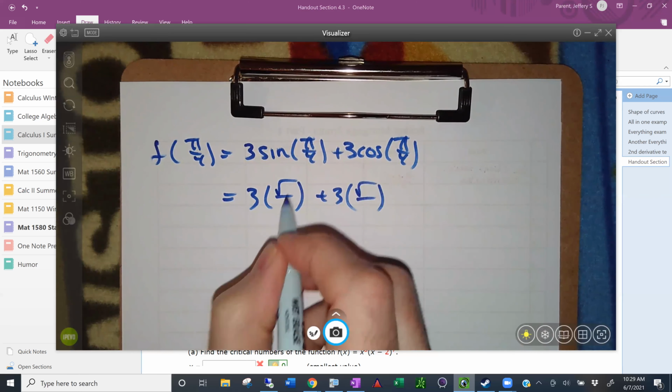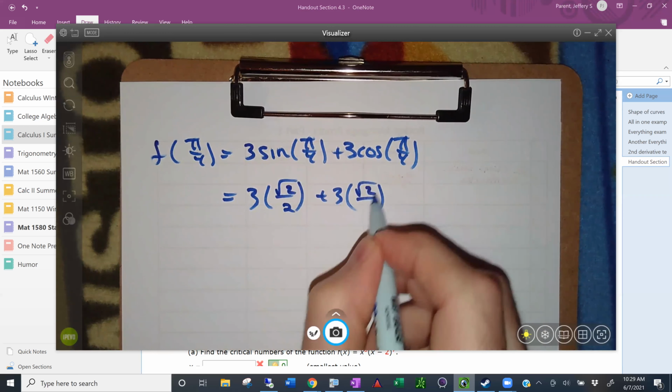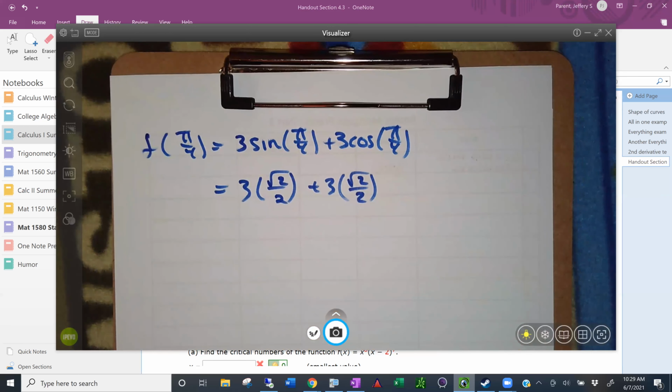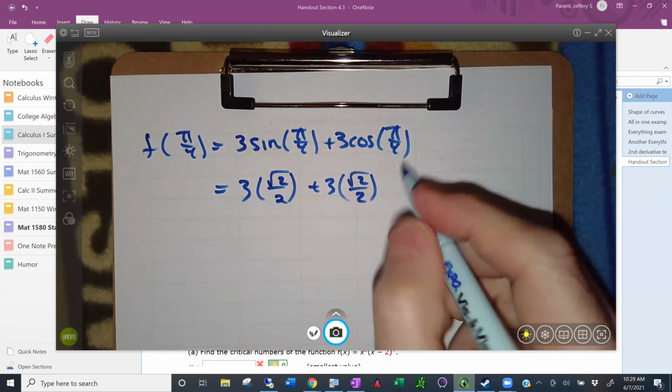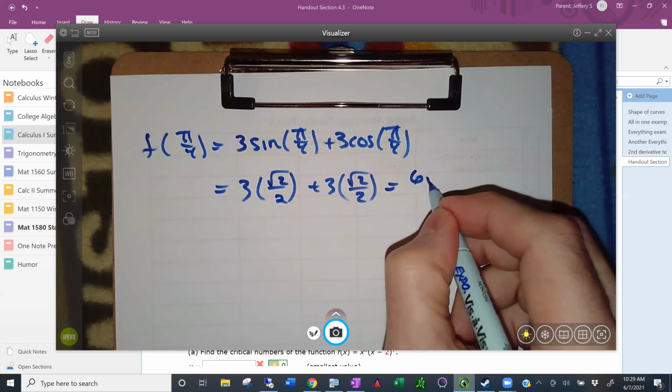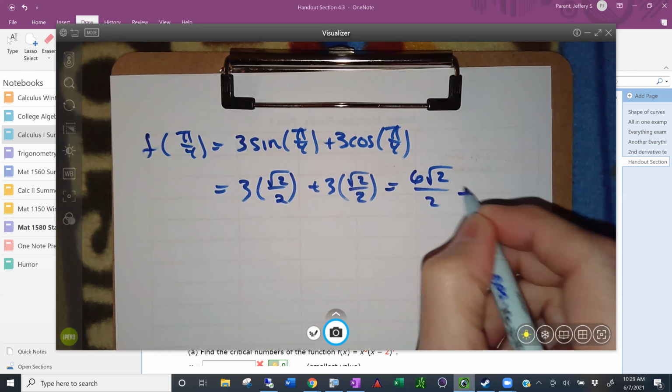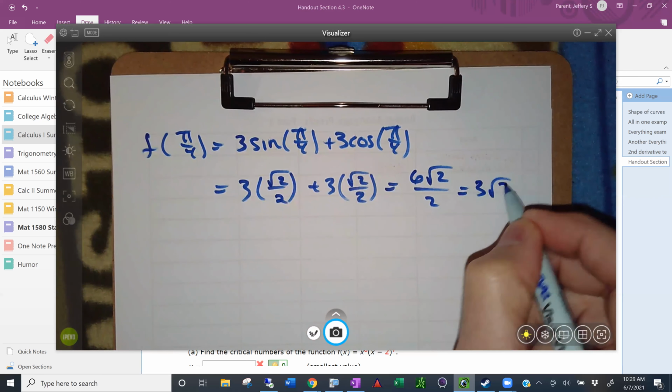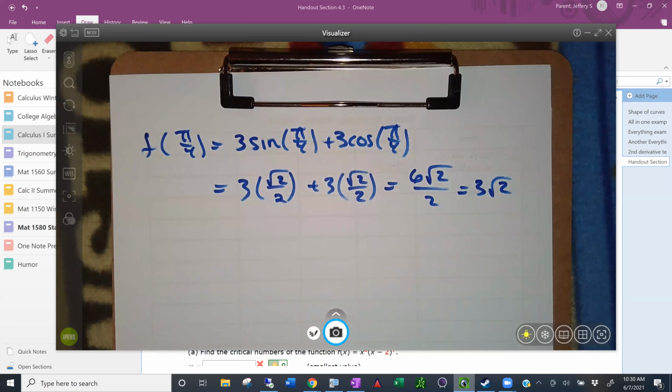Square root of 2 over 2. Likewise for the cosine. If you add these together, you get 3 plus 3 is 6 square roots of 2 over 2. And that simplifies to 3 square roots of 2. And that's the exact value. That's what they're going to be looking for when you try and find the relative max and relative min.